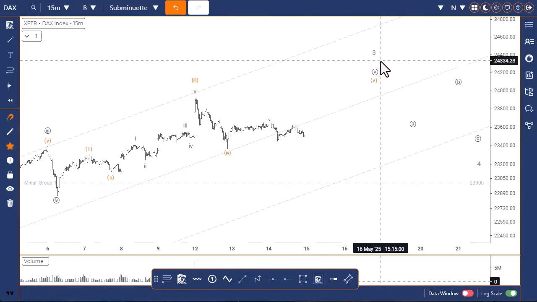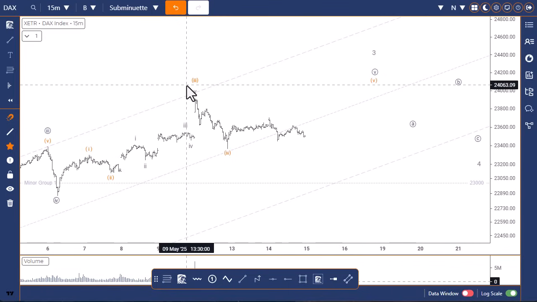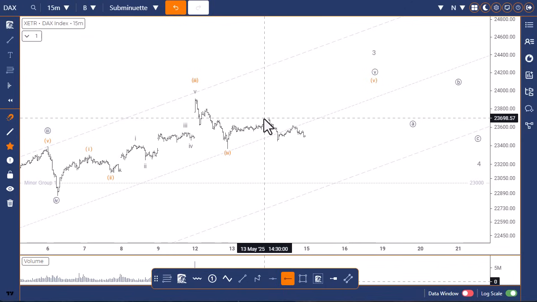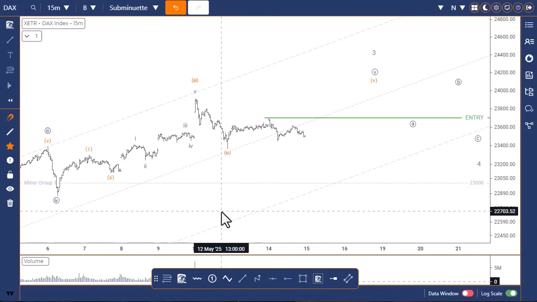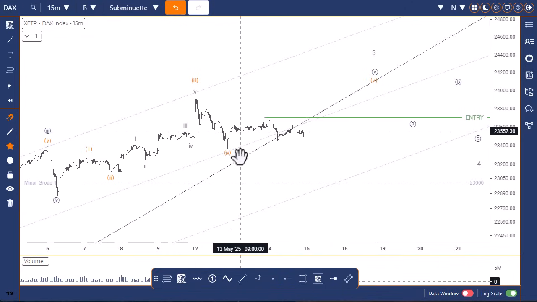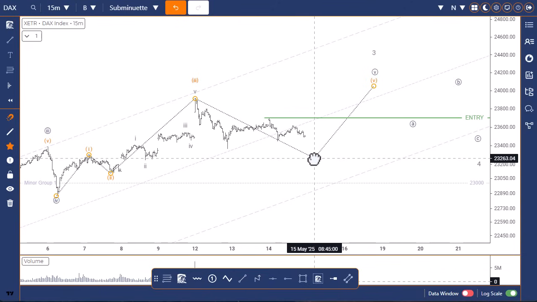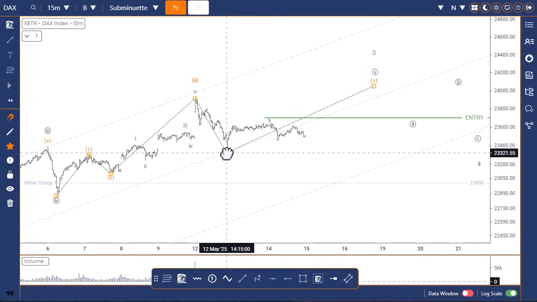But I understand that we can also put this wave 3 sitting over here. So it'll be interesting. If you were day trading, obviously you don't day trade the cash market here, you could go long above that point there, because this wave 4 here could end up being over here as well. We talked about that on the futures market.